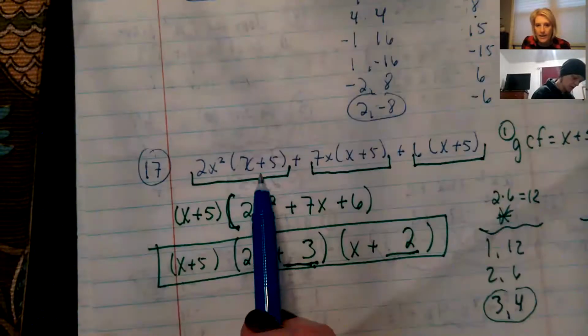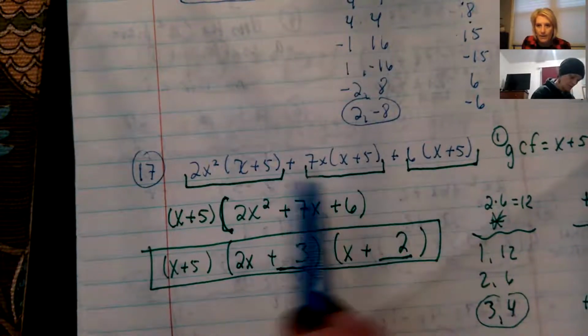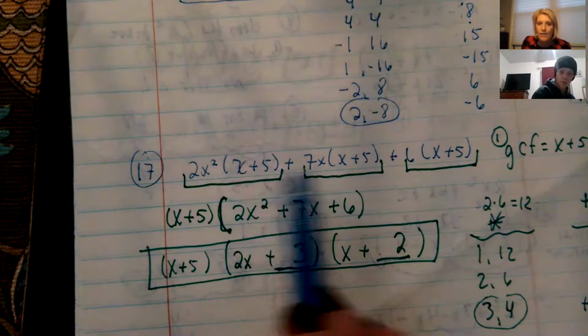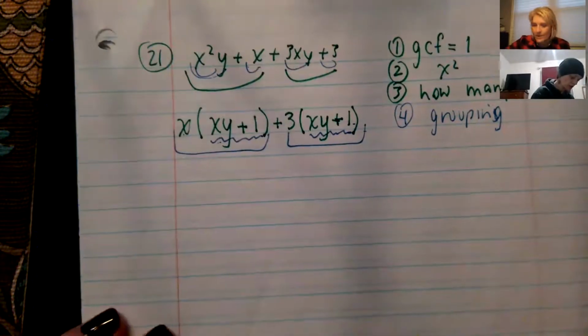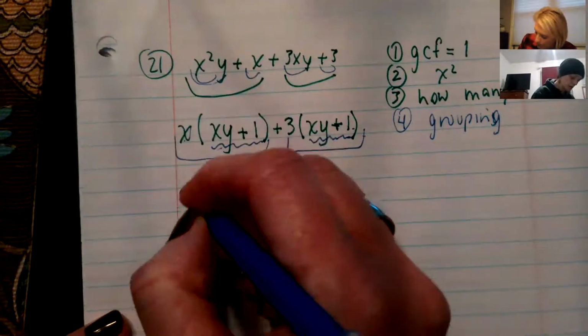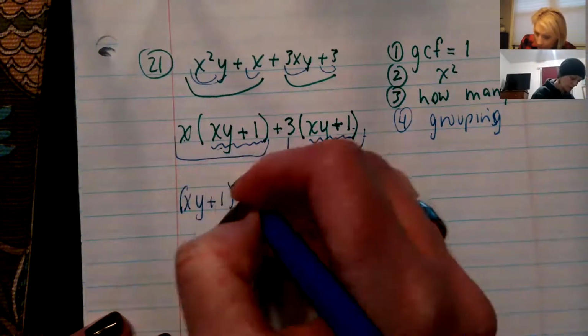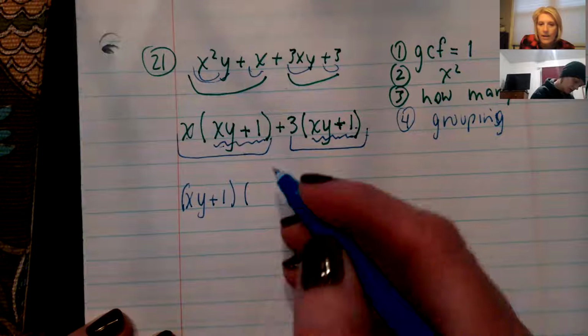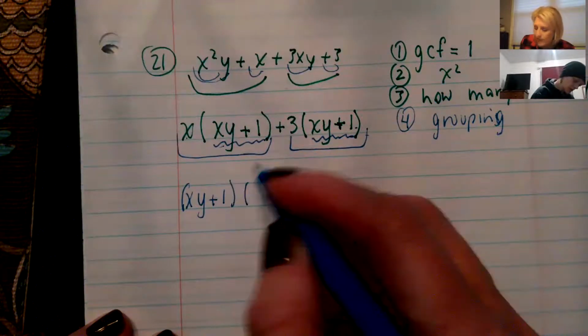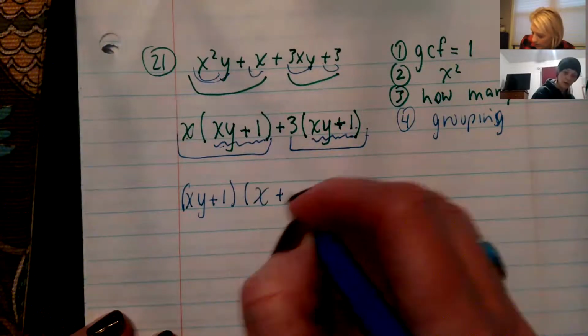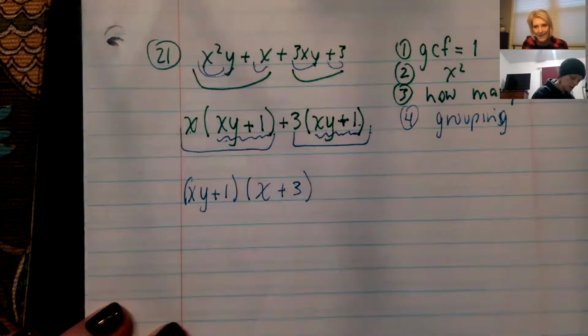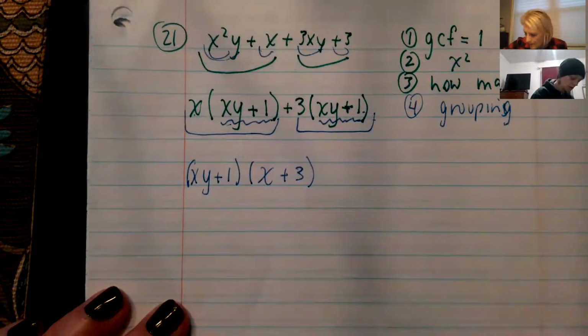Remember, they had an X plus 5 in common right here. So that would be on the outside. Yep, so the XY plus 1 comes out front. And now what's left over is the X plus 3. You got it.